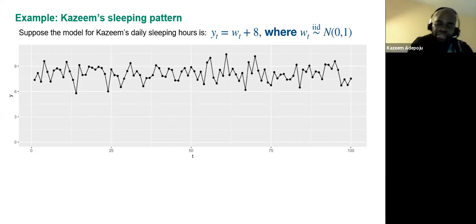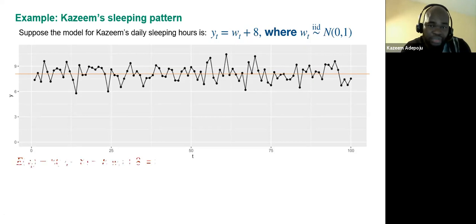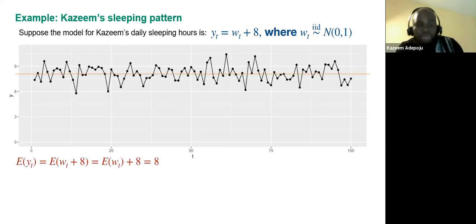But I'm using a white noise, and using a white noise means the time I'm going to sleep today does not depend on the time that I slept yesterday or the day before yesterday and so on. That's a white noise. That is just to showcase a trend in the process.